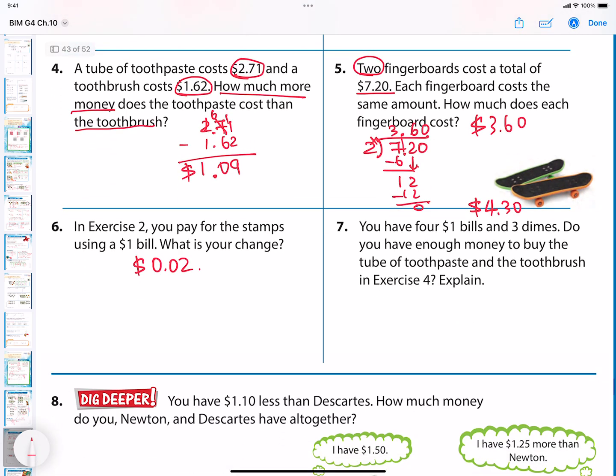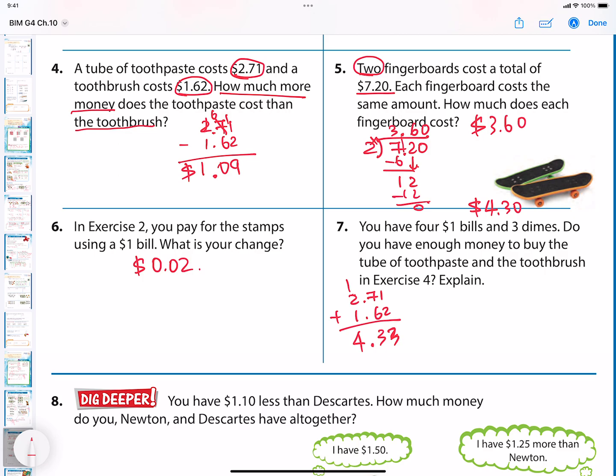Let's go ahead. I'm gonna add this $2.71 plus $1.62. 1 plus 2 is 2. Oops, what I'm saying is 3. 7 plus 6 is what? 13. Carry 1 up, and you have to put this decimal point, okay? And then 1 plus 2 plus 1 is what? 4.